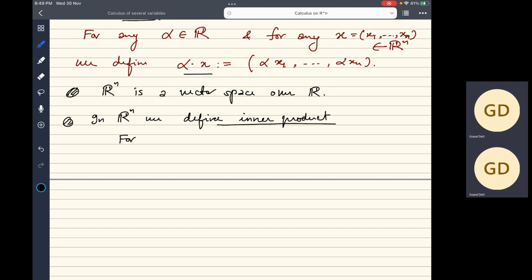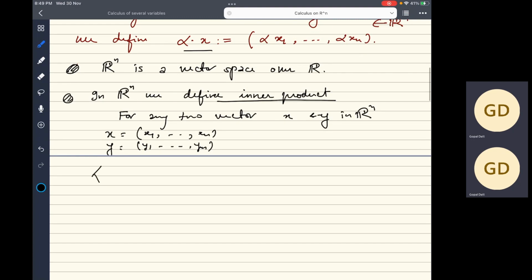So for any two vectors x and y in Rn, this means x is x1 to xn, y is y1 to yn, and we define inner product like this.